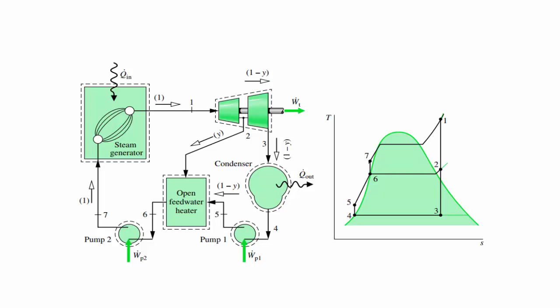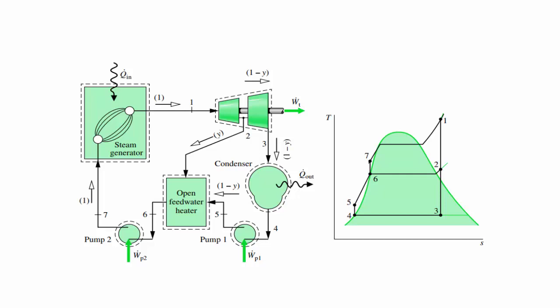The extracted stream goes to the open feed water system, and there is the heat exchange between the steam and the water. As the steam contacts with the cool water in the open feed water, it condenses and increases the level of the water which is already in the open feed water. That water goes to the pump and back into the boiler.